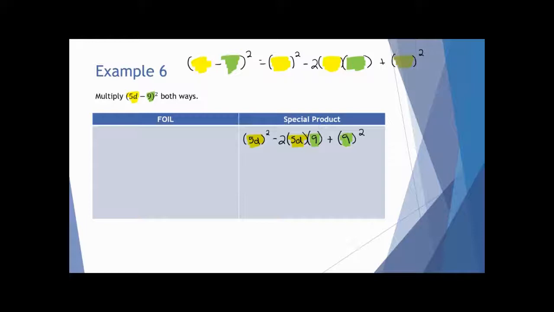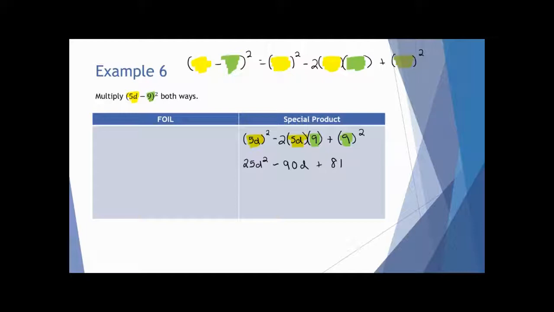Then I simplify. So 5d squared, I square the 5. 5 times 5 is 25. And then d squared. Now in the middle, I'm going to have a minus, and then I have 2 times 5 times 9. So 2 times 5 is 10. 10 times 9 is 90. So that's going to be a 90, and then I have my d. And then 9 squared is 81.